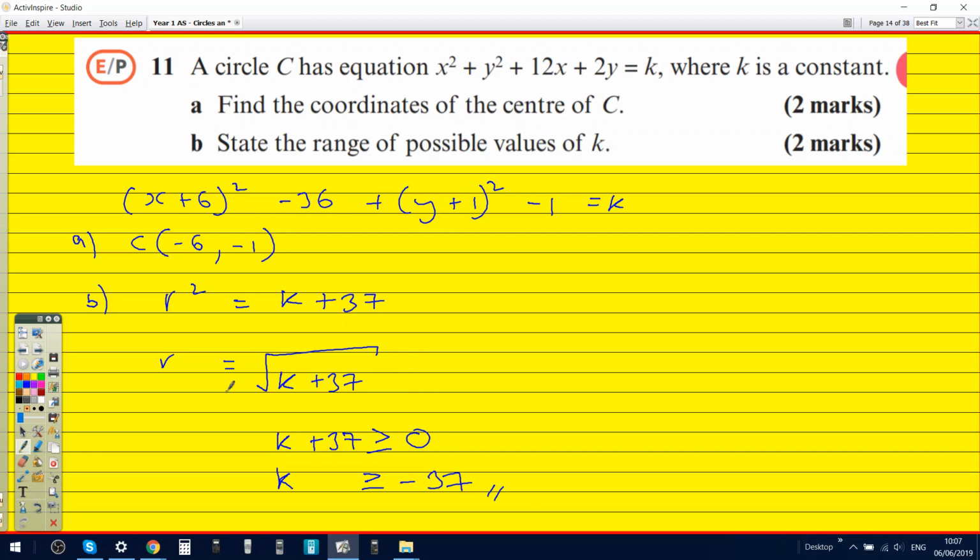If it was something like minus 38 or minus 37 and a half, then you get a negative square root, which you can't have, because you can't have a radius with a negative length. Any question? So basically, whatever's on the right hand side, the r squared, must be greater than or equal to 0. And so you just sub in whatever's on the right there and make k the subject.